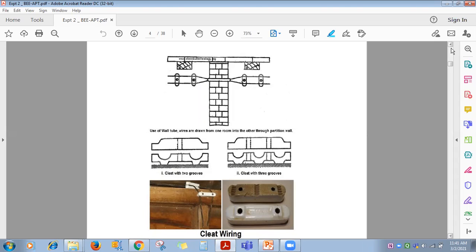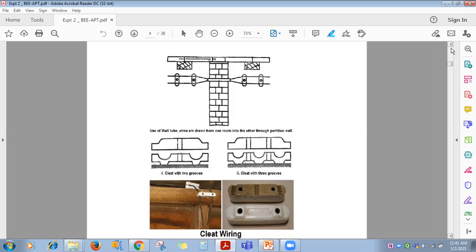So what is done later on? Rather than a single solid conductor, stranded conductors are being used at the center of every wire, and they are insulated with some insulating material.